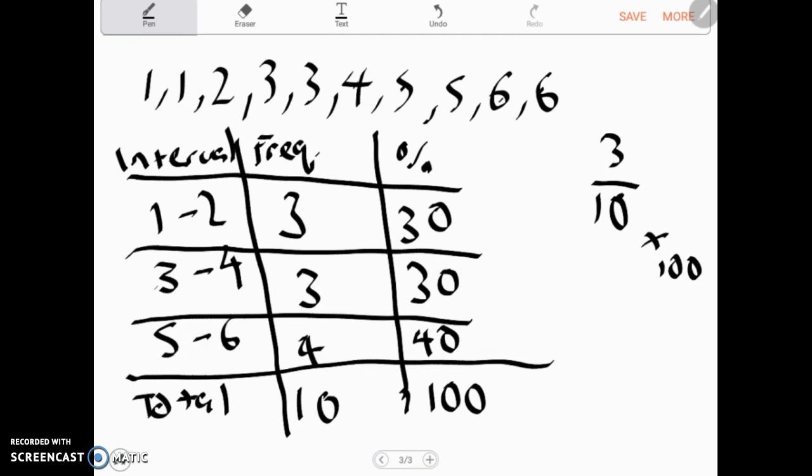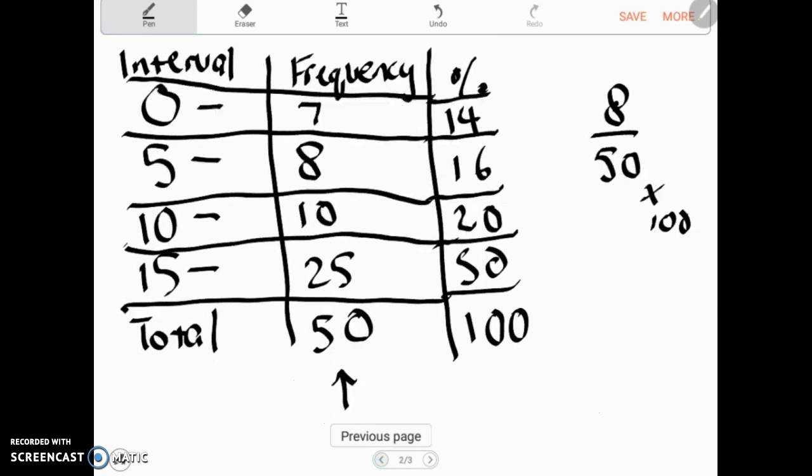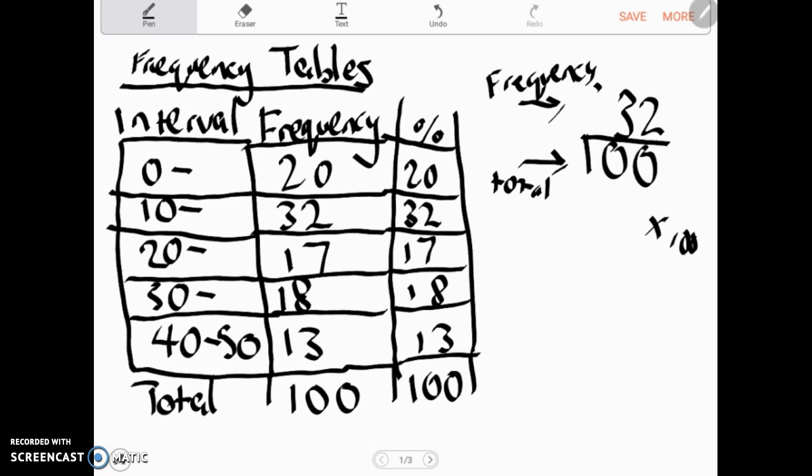Okay? So it's important for you to not only be able to read a frequency table, to understand that this interval means 0 to 9, 10 to 19, 20 to 29. Ideally, you'd have those written in. I think I forgot to do that before. You can do the rest yourself if you like.